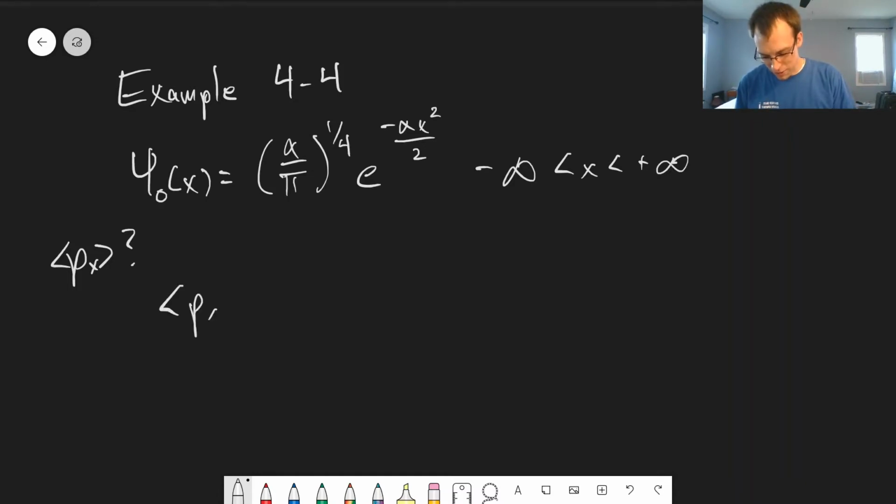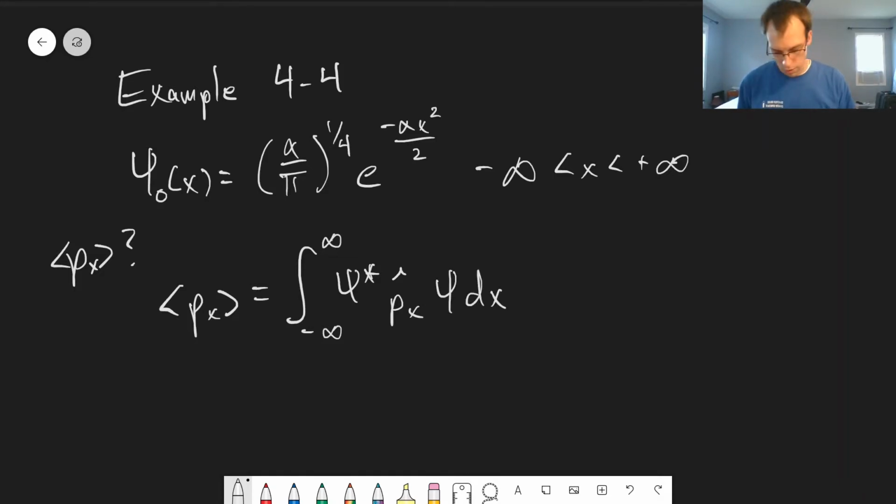We can write out the expression for this. This is defined only in the x coordinate, so we only need to worry about x, but x ranges from negative infinity to infinity, so those are the limits of our integration. It's going to be psi star p_x psi dx. Then we just plug in our wave function and our operator.